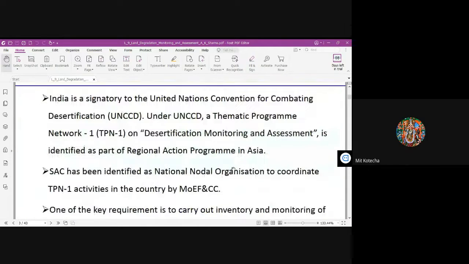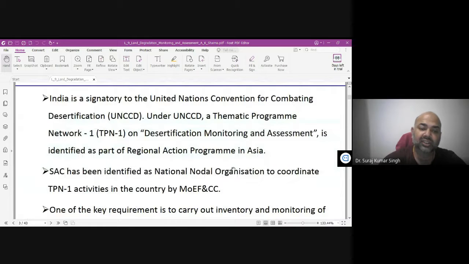Yes, sir. So what is India's role? What is related to land desertification? India is a signatory to the United Nations Convention to Combat Desertification. You have already known the United Nations Convention on Climate Change.